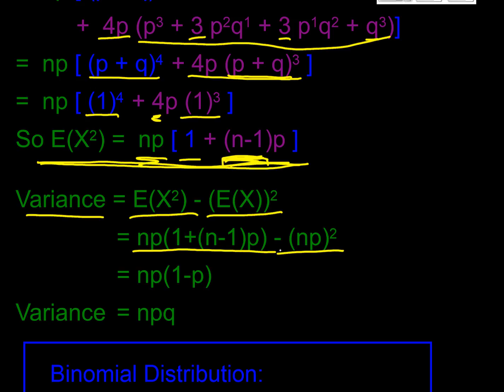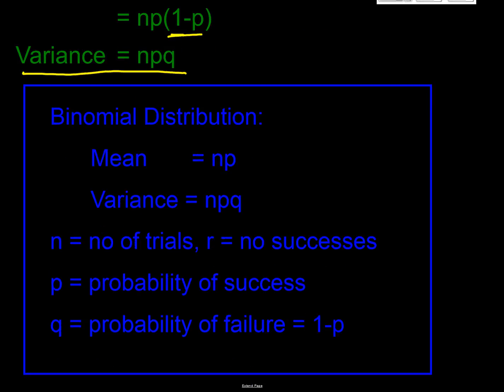If we expand that, our n squared p squared is going to cancel out, and we're left with this term here, the 1, and this minus 1 times p over here. So that's minus p, which lo and behold is q. So there's our variance, npq.